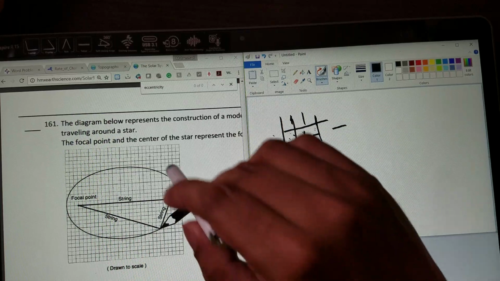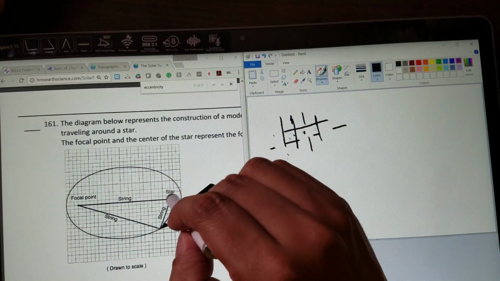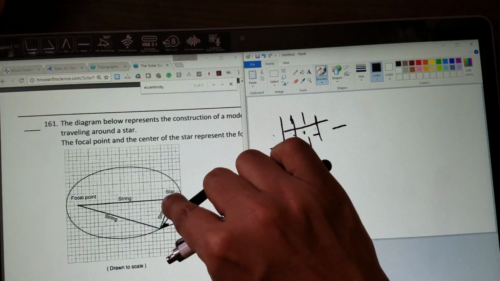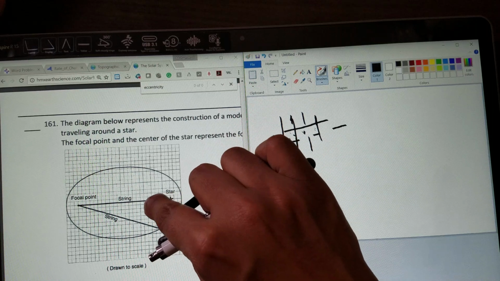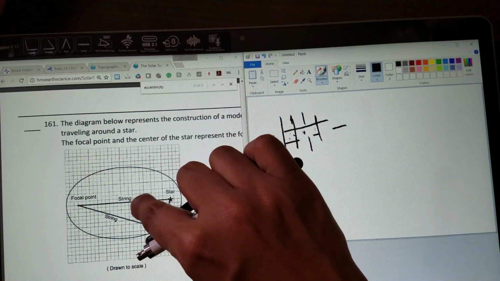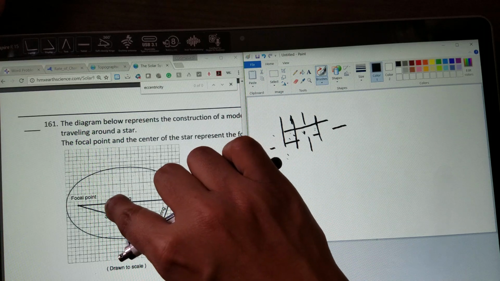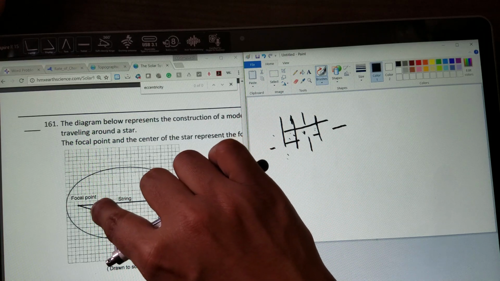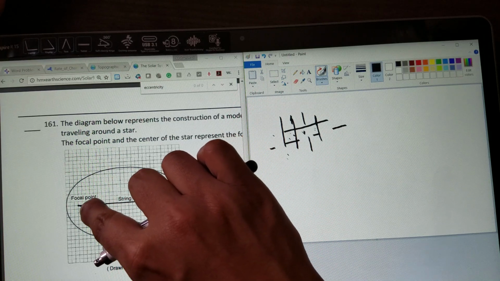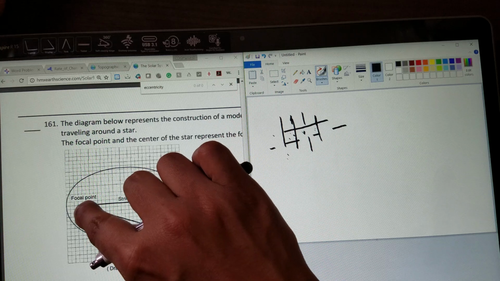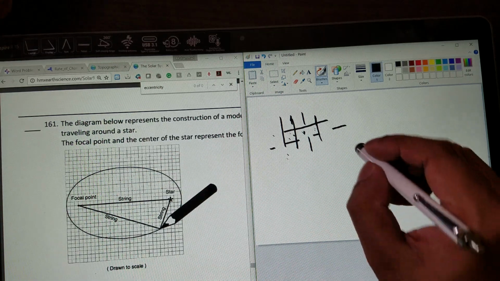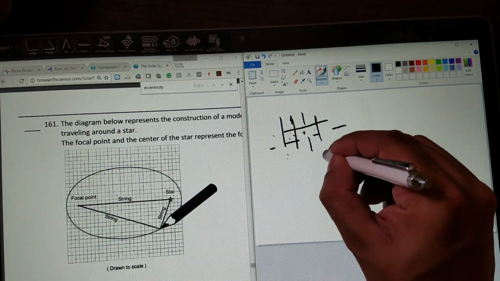So we will start counting. If you count carefully, 1, 2, 3, 4, 5, 6, 7, 8, 9, 10, 11, 12, 13, 14, 15, 16, 17, 18, 19, 20, 21, 22, 23, 24, 25. It's 24 or 25, I think.